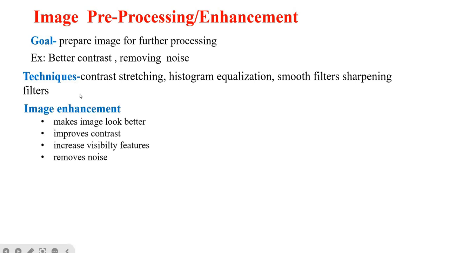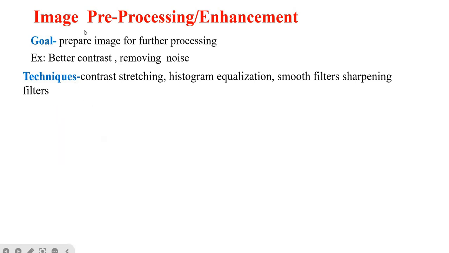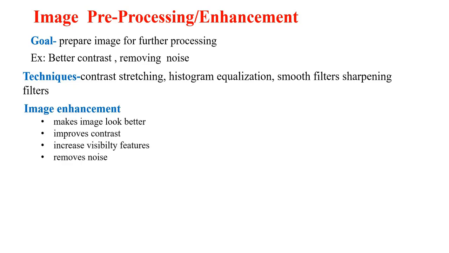Now the main purpose of the image pre-processing step is to make the image look better for human viewing, and to make it easier for the computers to analyze and extract the useful information. Now to enhance the contrast, remove noise, and highlight the important details. This is the purpose of the image pre-processing.